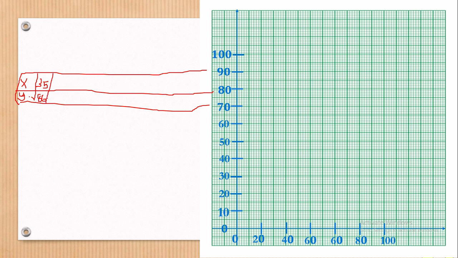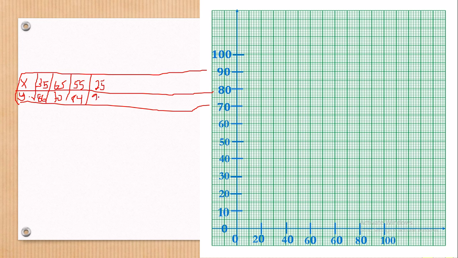Next we have 65 and 70. Next we have 55 and 84. I will sample a few ones, then the rest you can go about. You have 25 and 92.